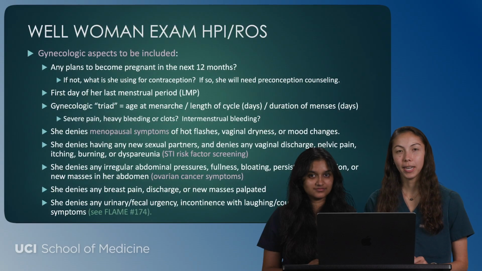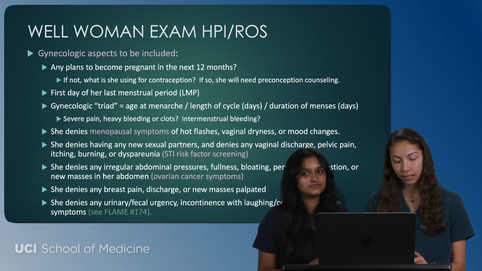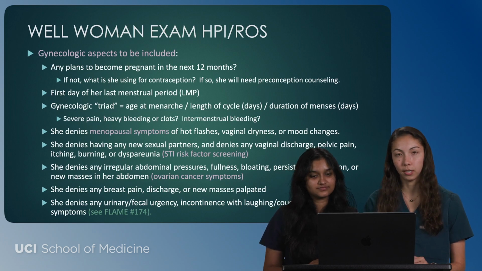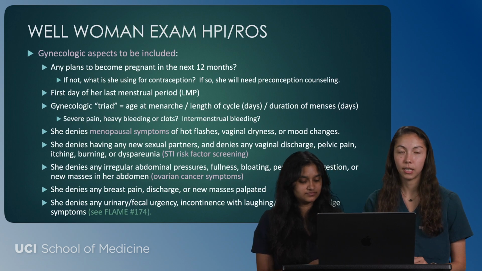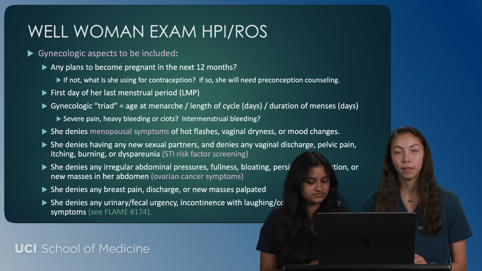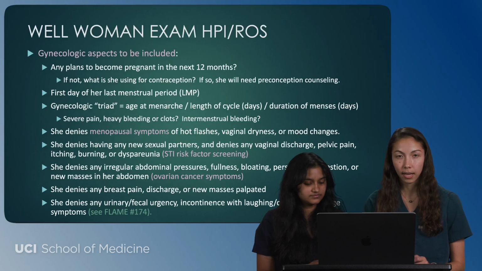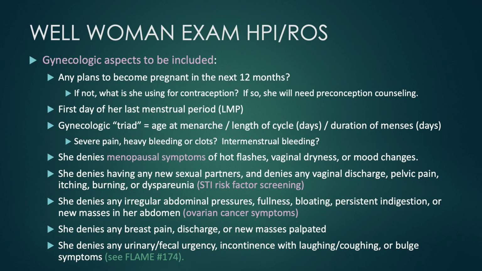And in clinic, you might have to do something called a well woman exam. And that's just what it sounds like, a general exam for a woman. But you definitely want to ask a specific number of questions at this visit. We've addressed a lot of them previously, such as when was their last menstrual period, when they hit menarche, and things like that. But you do want to ask about specific symptoms they might be experiencing based on the patient.